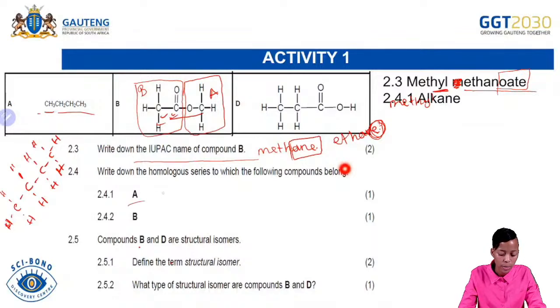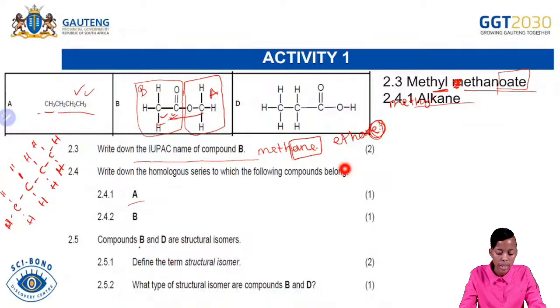So if you look at this compound A, you will see that you only have single bonds. So therefore, this would be represented by an alkane. And then letter B, again, we need to write down the homologous series.